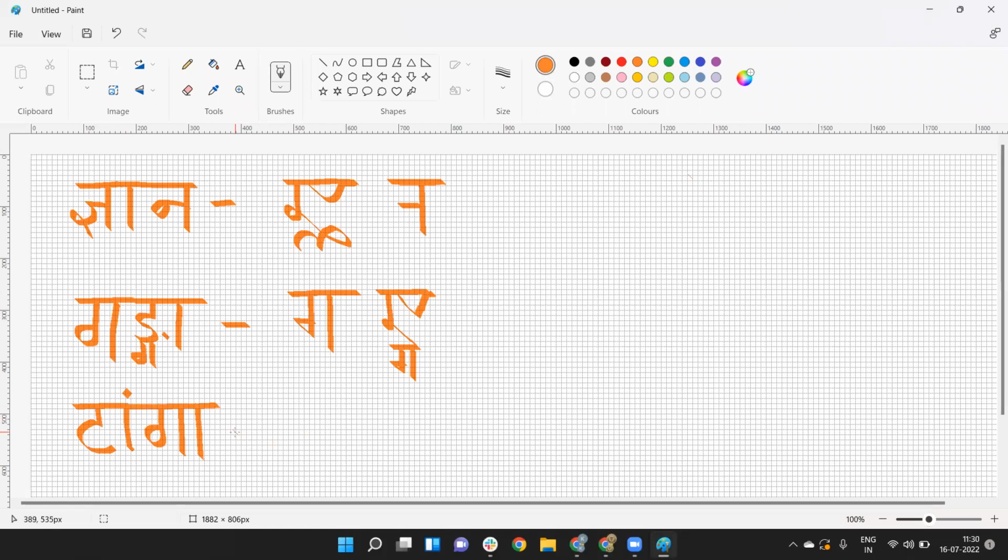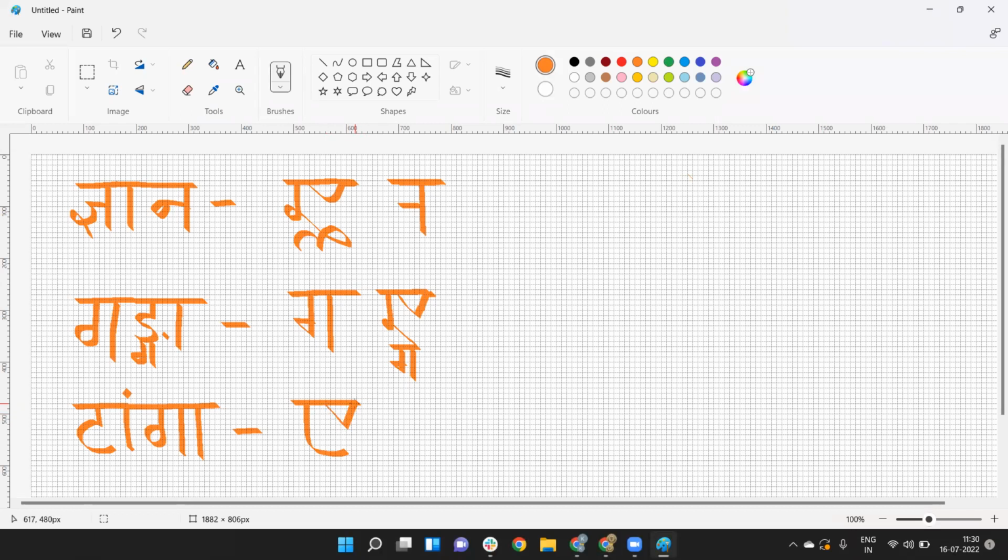This is Tanga. I'll write it here in Sharada lipi. We'll see the usage of A with T now. Here also, like in N, the triangle becomes wider.